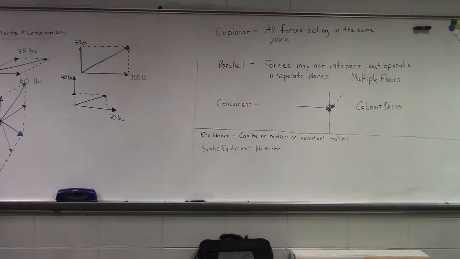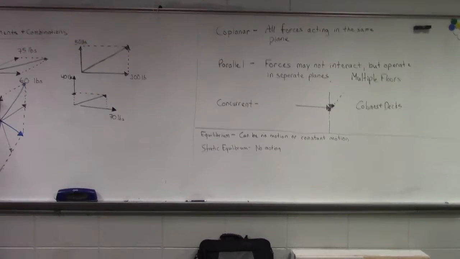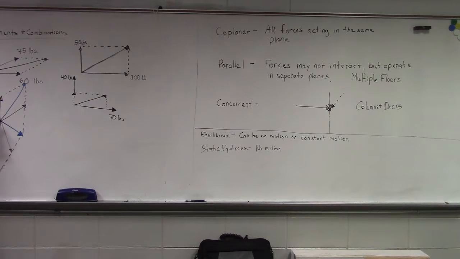Okay? So what this tells us is, if we take this system of 4 forces acting in a whole bunch of directions, we can resolve it to 1 force and provide equilibrium to our entire system with just that one.